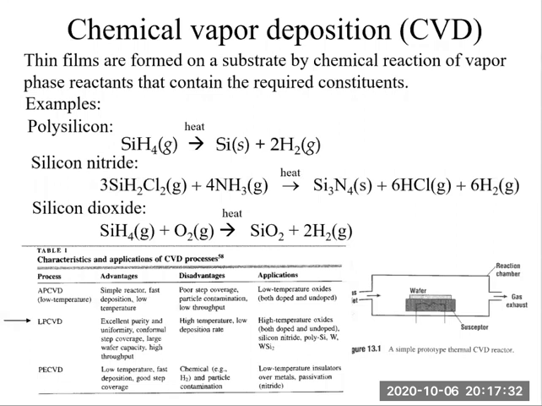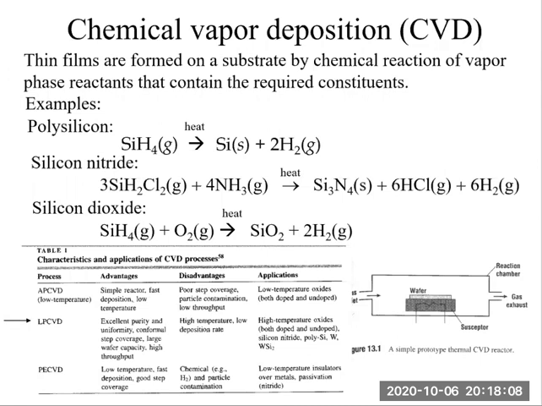Chemical vapor deposition, CVD. This is another popular way of preparing thin films. Know that in some sense, evaporation and sputtering are called physical vapor deposition. Namely, in evaporation and sputtering, they are only physical processes, no chemical reaction.